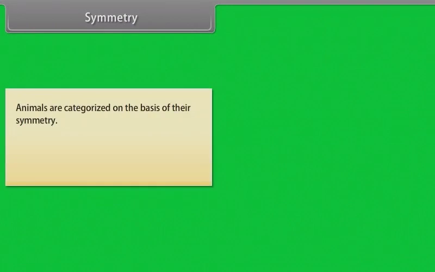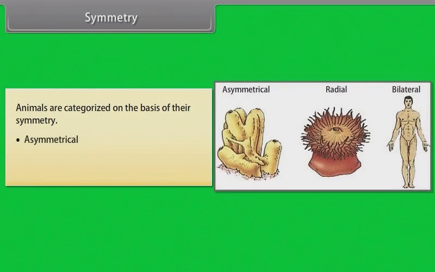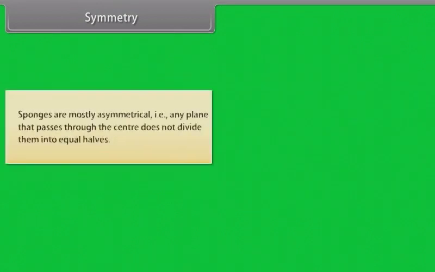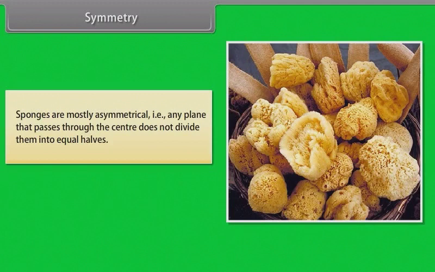Symmetry. Animals are categorized on the basis of their symmetry. They are asymmetrical, radially symmetrical, bilaterally symmetrical. Let us know them one by one. Sponges are mostly asymmetrical, that is, any plane that passes through the center does not divide them into equal halves.